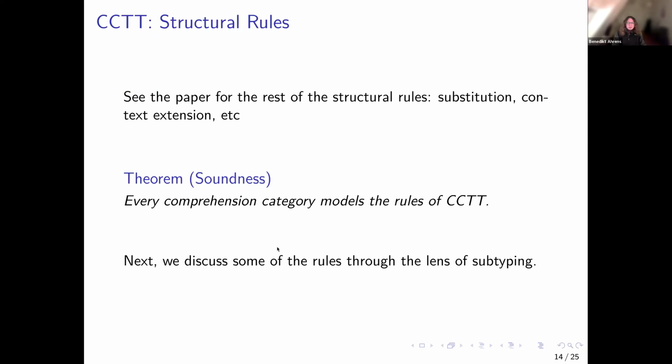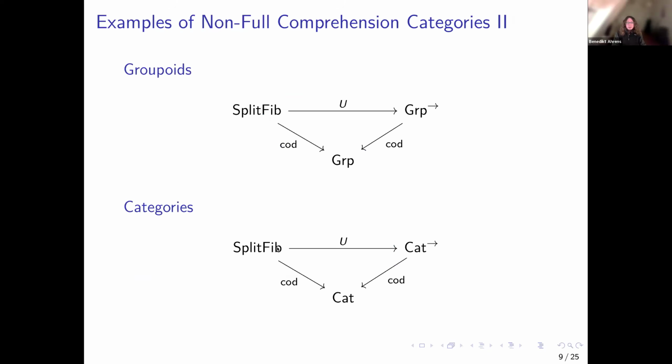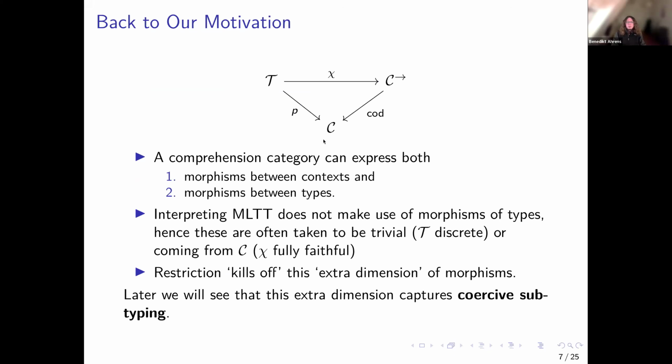I think the difficulty in general is that if I go to a picture of a comprehension category, much of what we know about terms happens here or here. And what we need to add is stuff here that is suitably mapped onto the existing stuff here. We don't know how to go backwards unless chi is fully faithful.